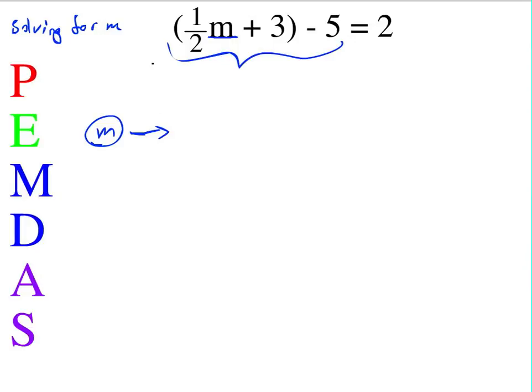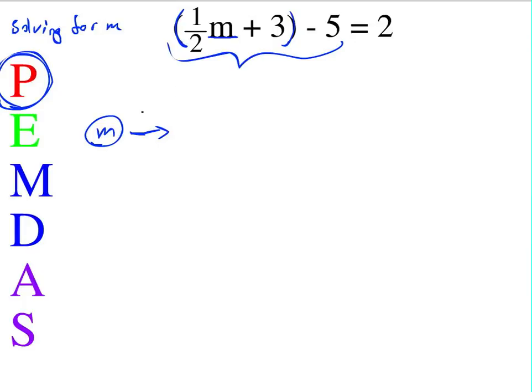Let's draw our arrow. Again, we start with the parentheses. So we're looking at inside here. But notice we have that m is being multiplied by 1/2 and added by 3. So which one are we going to use first? Well, even inside the parentheses, we still have to follow the order of operations. And notice multiplication comes before addition.